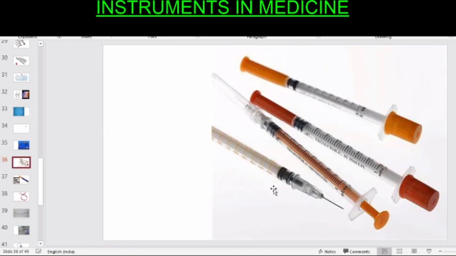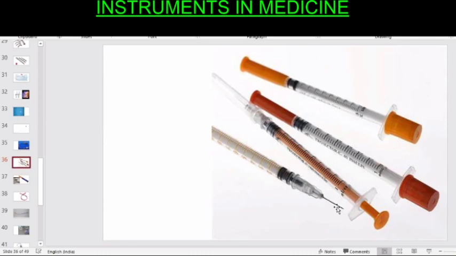Generally, if you have an insulin which is 40 units per ml, you have to use the red one. If the insulin bottle says it is 100 units per ml, then you will have to use the black one. The other thing is that it is used for the Mantoux test as well as for giving intradermal tests.